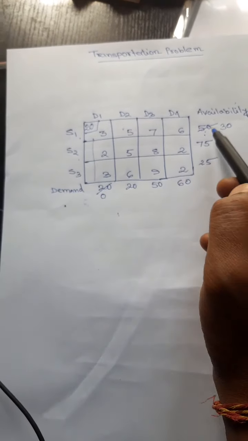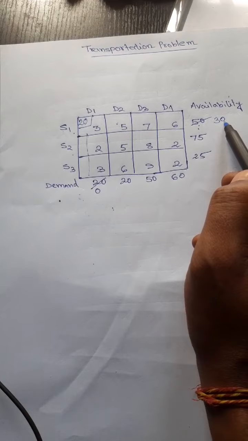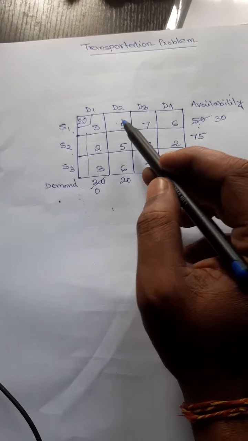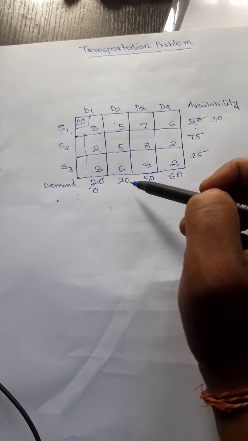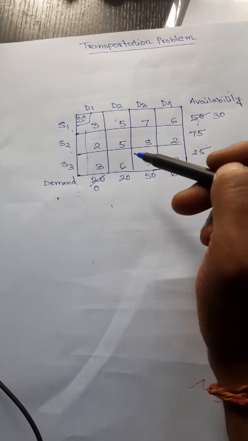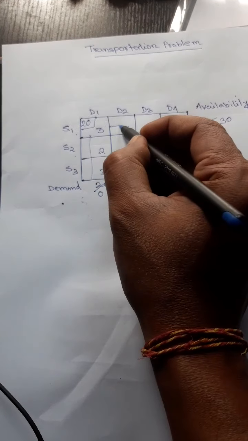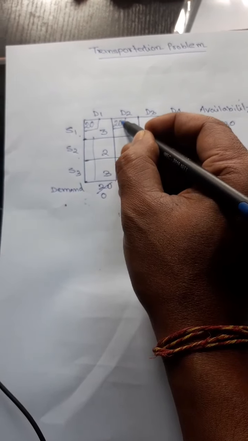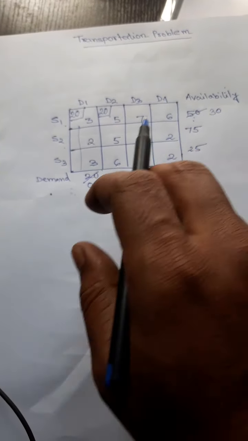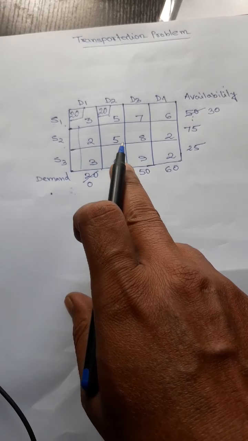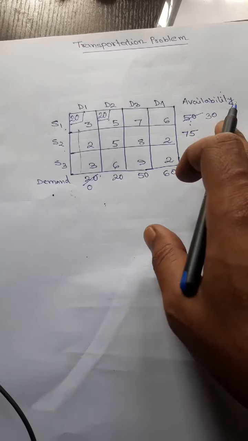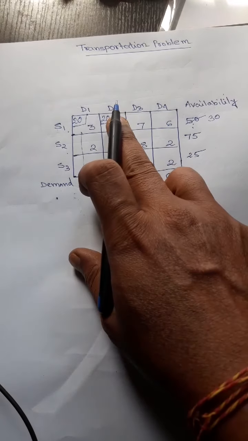The availability in supply point 1 is 30, but the destination 2 demand is 20. Between 20 and 30 the minimum is 20, so we allocate 20 here.